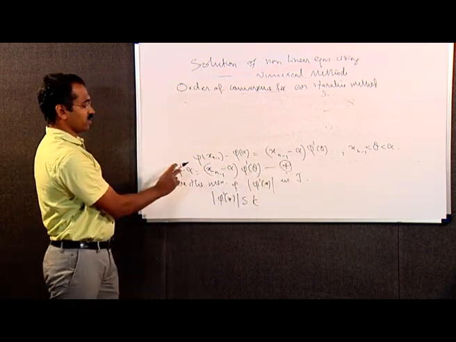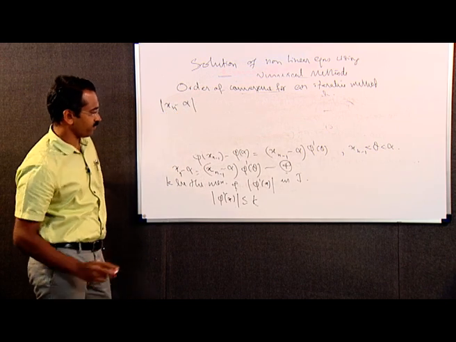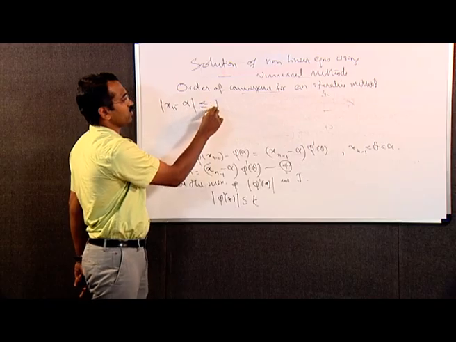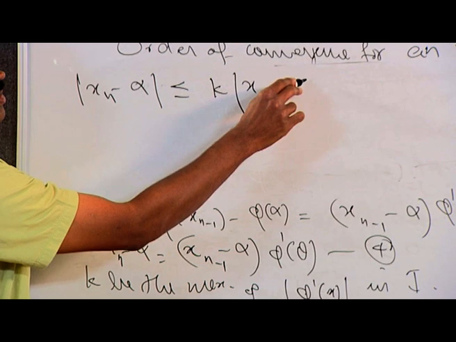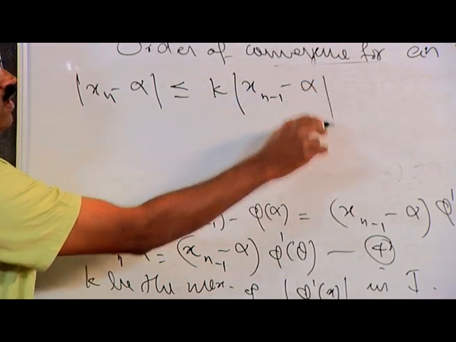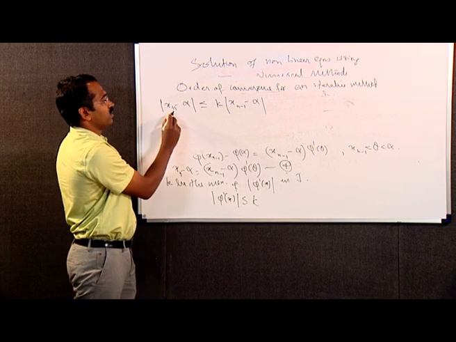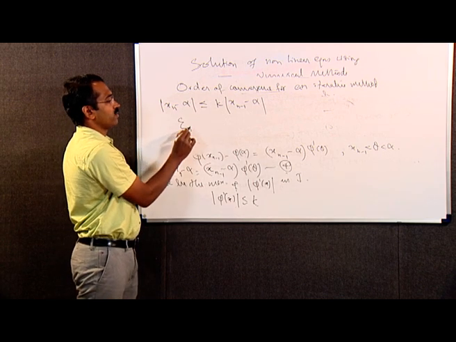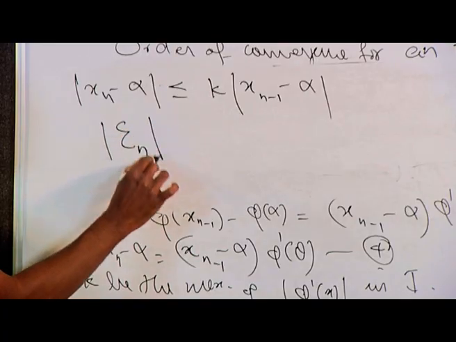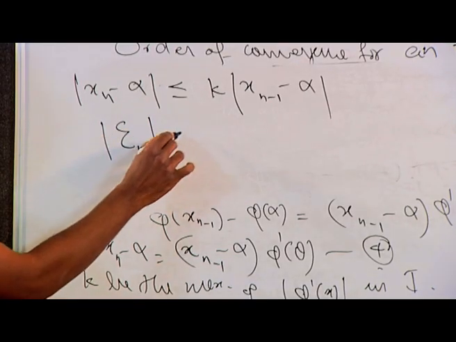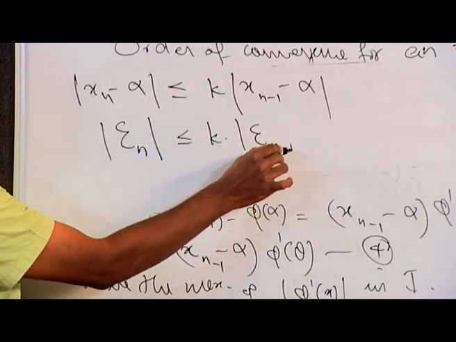This fourth equation will become modulus of x n minus alpha is less than or equal to k times modulus of x n minus 1 minus alpha. That is, this is our epsilon n, mod x n minus alpha is epsilon n, which is less than or equal to k times modulus of epsilon n minus 1.